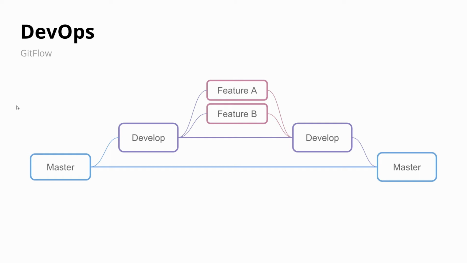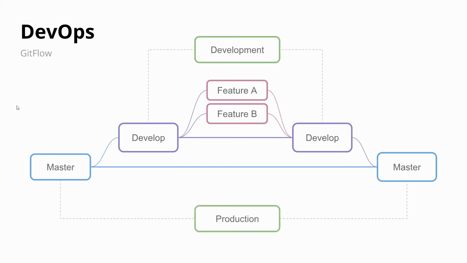Master and develop will originate their own environments. The environment for develop is going to be called development, and the environment for master is usually known as production. Yet there are some similarities between these two. There are also a lot of differences between the two.